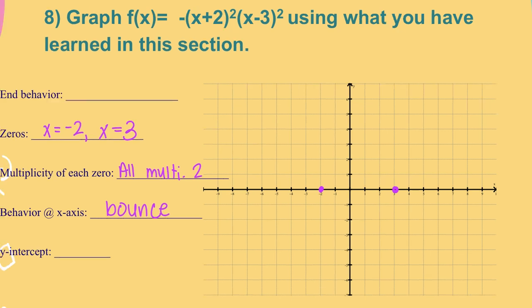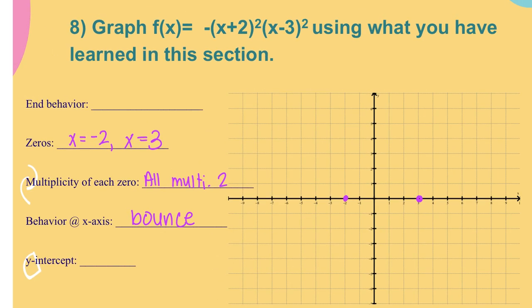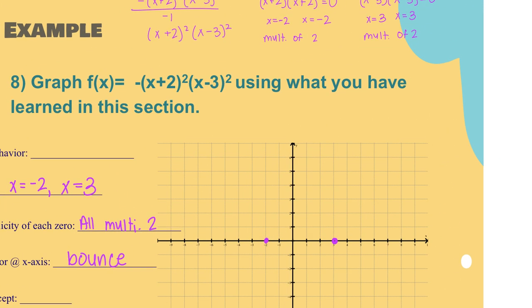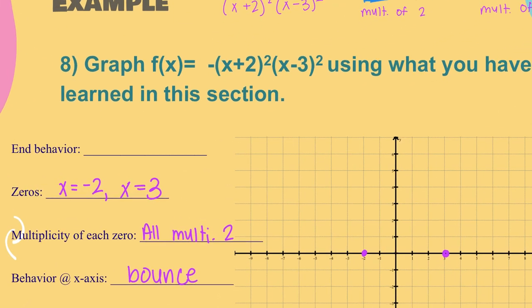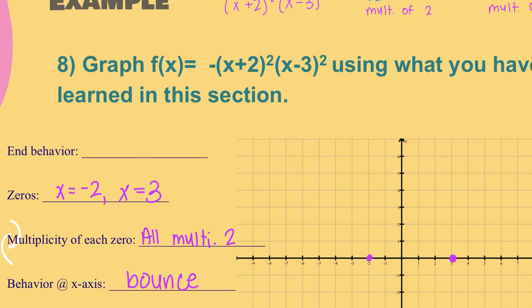Let me go ahead and find that end behavior. So looking at the end behavior, how many zeros did I have? It's not 2, it's 4. Okay, so if you're looking up top, I have 1, 2, 3, 4. So is my exponent even or odd?